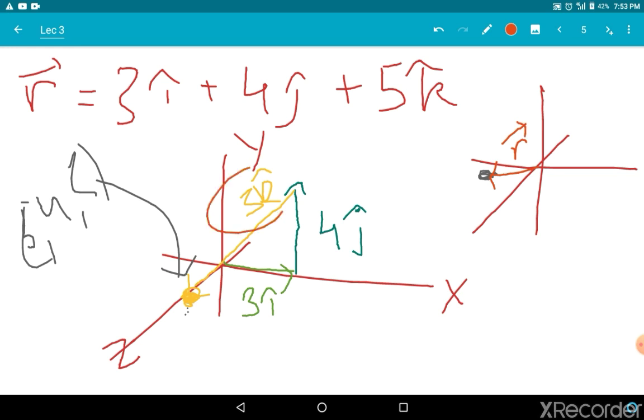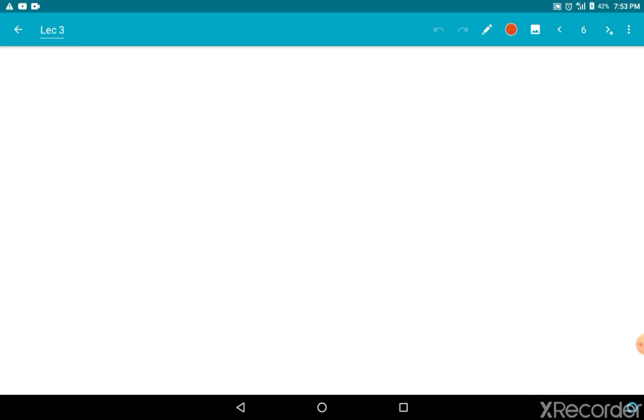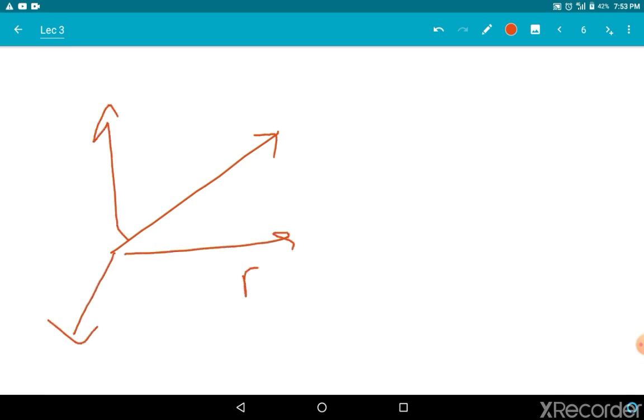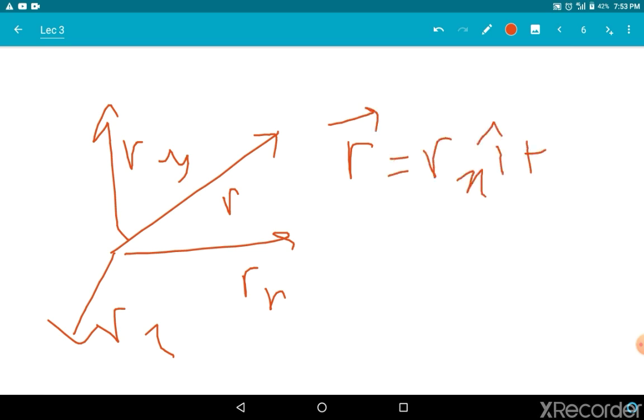So we broke it down into three components, as you can see. If a vector r has three components, rx, ry, rz, we can say r vector is nothing but rx i cap plus ry j cap plus rz k cap.